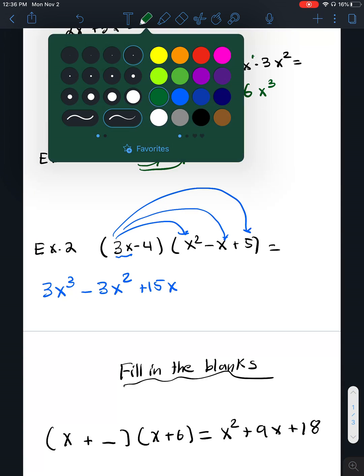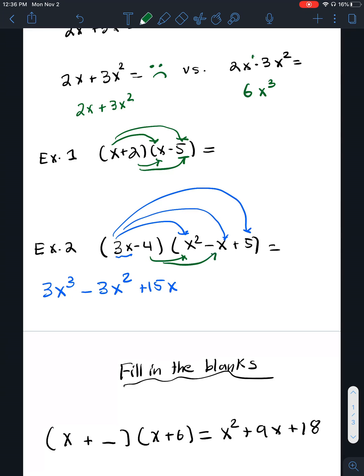Then I'm going to take my second term and multiply everything to the right as well. We get -4 times x squared, which is -4x squared, -4 times -x, which is a positive 4x, and -4 times 5, which is a -20.